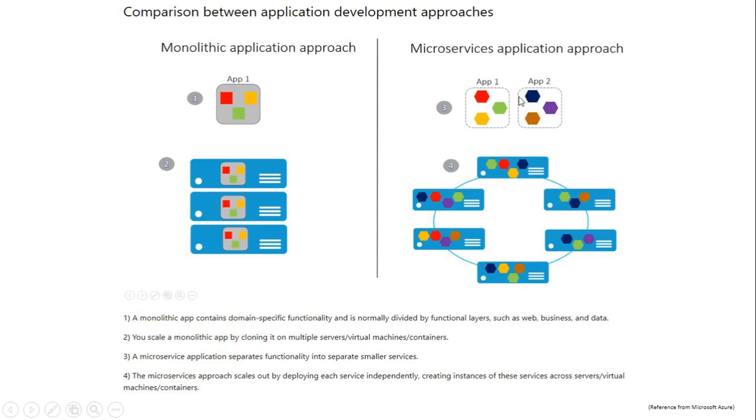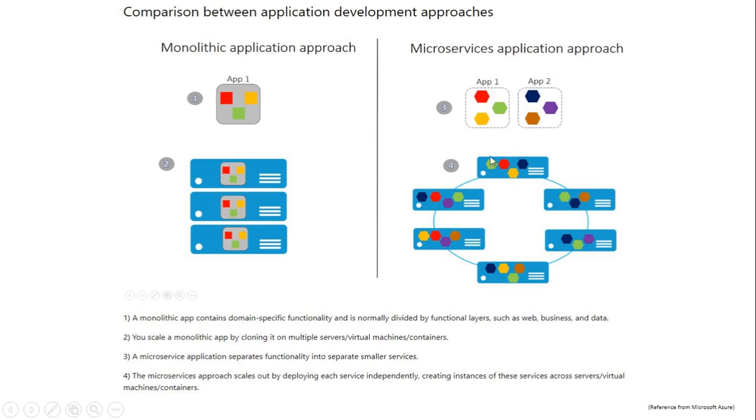On the right side, in number three, the microservice application separates functionality into separate, smaller services. The microservice approach scales out by deploying each service independently, creating instances of the service across servers, virtual machines, or containers. For example, say this is app one and this is app two, and the red one is the payment service.